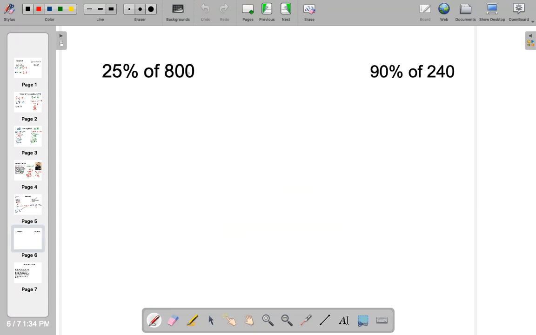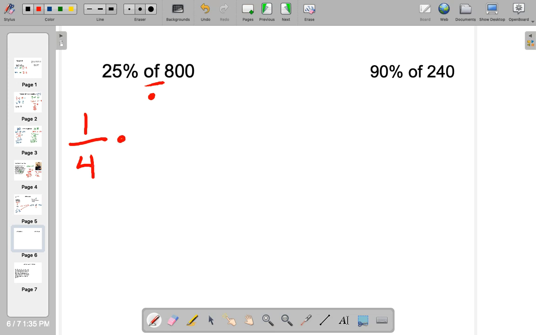And I'm going to do it as a decimal and as a fraction to show you why sometimes a fraction can be faster. Either way, of means multiply in these types of problems. So let's do fraction first. 25% is the fraction 1/4, or 1 out of 4 wholes, which would be the same as 25 out of 100 wholes.